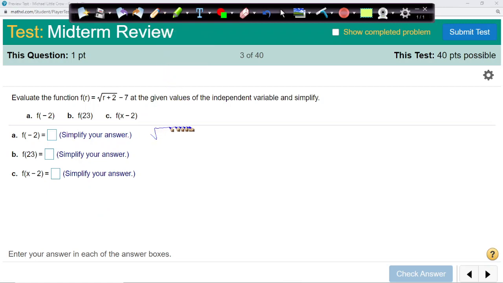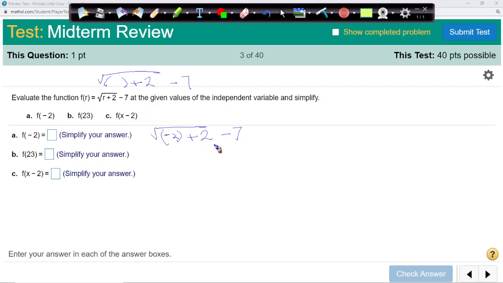Okay, so we get the square root. We're putting the -2 in for the r. So that's what we're plugging in for. So really this function, what you want to look at, it's the square root of some input plus 2 minus 7.